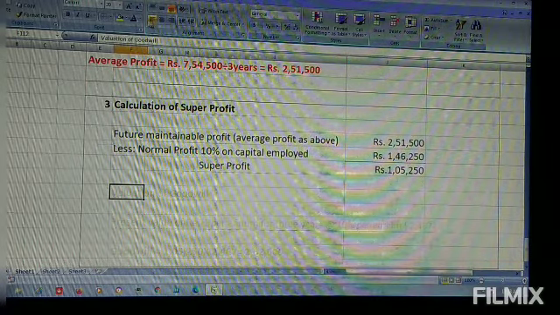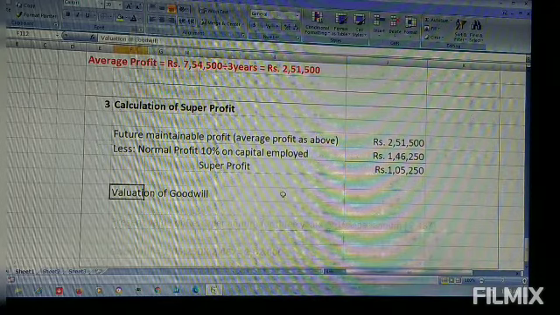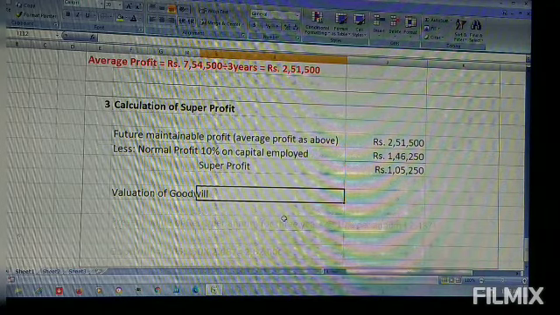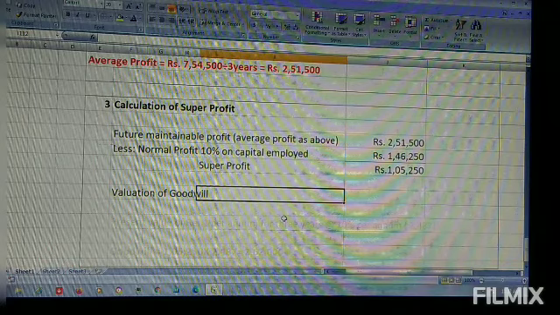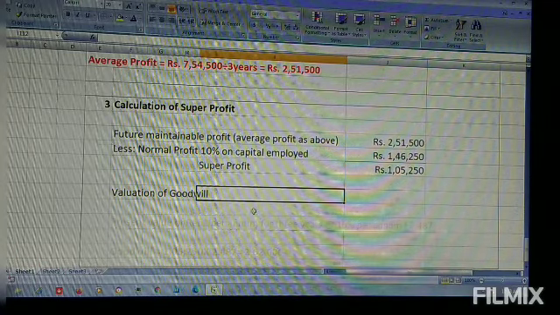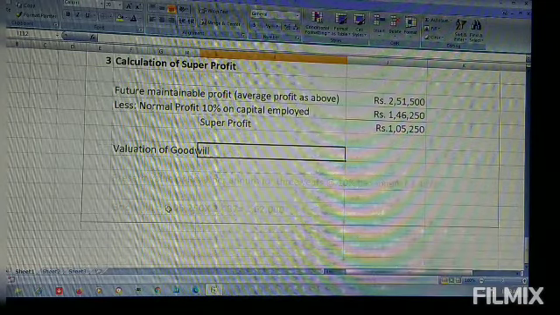Write the heading, valuation of goodwill. After finding out the super profit, only super profit is not sufficient. We have to find out the value of the goodwill, because it's the annuity method.